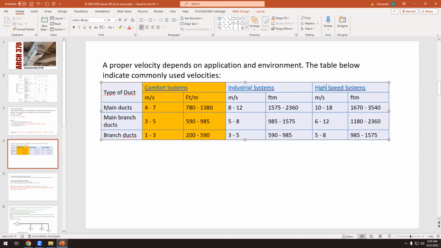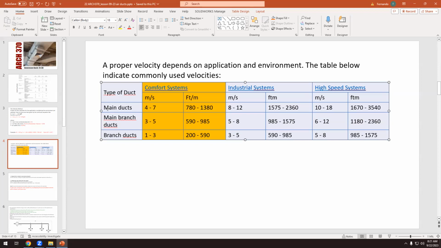The main duct is the duct that's usually outdoors, and it's connected to the air handling unit. So this main duct can be the duct that is connected to the air handling unit and goes through the shaft. And then the main branch duct can be the one that goes through the hallway. For the ducts connected to the air handling unit and going through the shaft, the maximum velocity has to be 1,300.